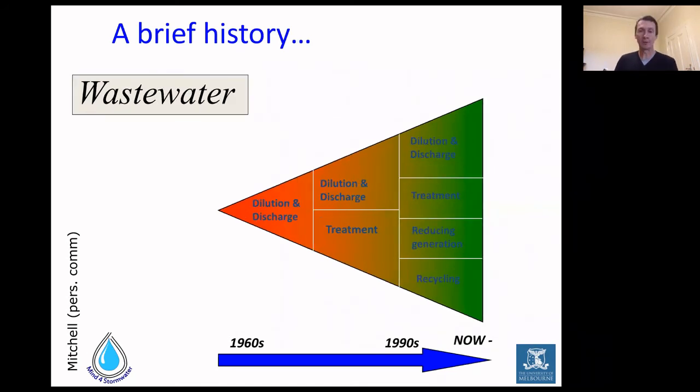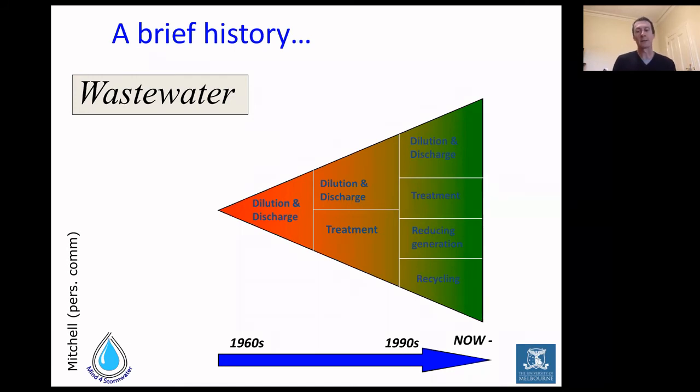Similarly, in wastewater, we started way back before the 60s with a focus really on just collecting that waste, discharging it into a receiving water capable of diluting it, and then allowing it to basically flow away from us. And when our population was low, that was probably a fairly successful technique, albeit with consequences for the downstream receiving water.